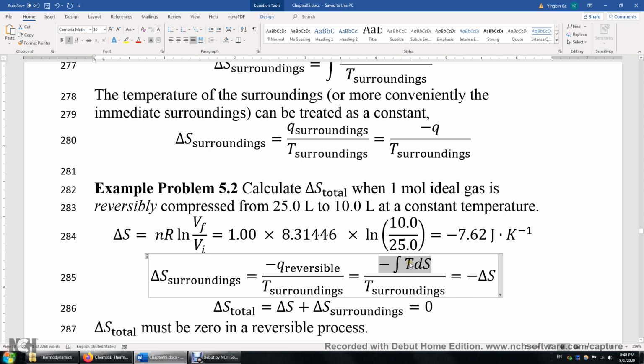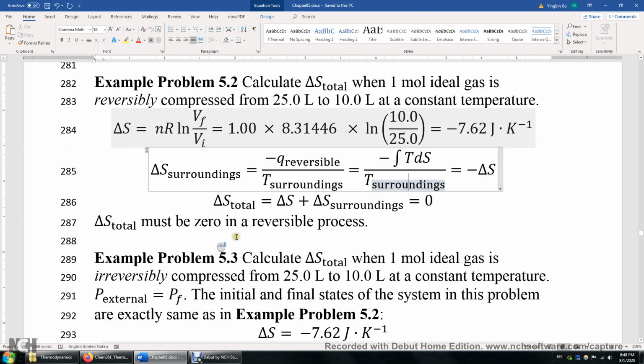So on top, this T can be taken out of the integral, and it cancels with the T on the bottom. Therefore, the result is just negative integral dS. That's negative delta S. We have the value of delta S, negative 7.62. Therefore, the entropy change of the surroundings is positive 7.62 joule per K.